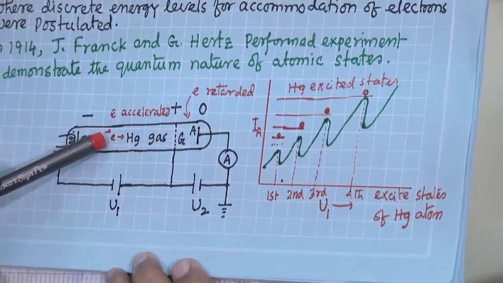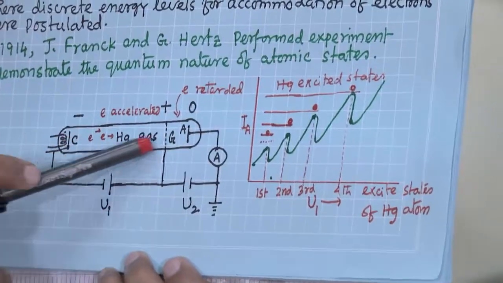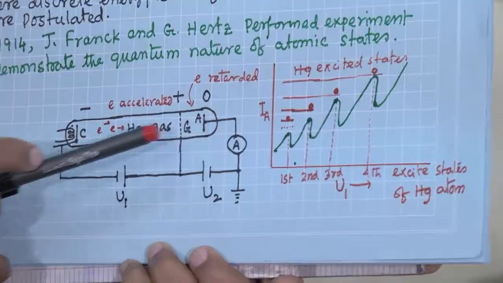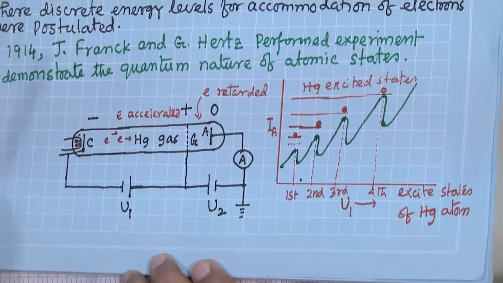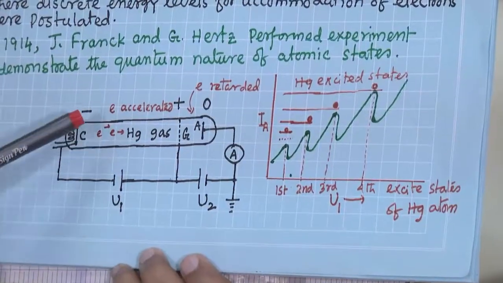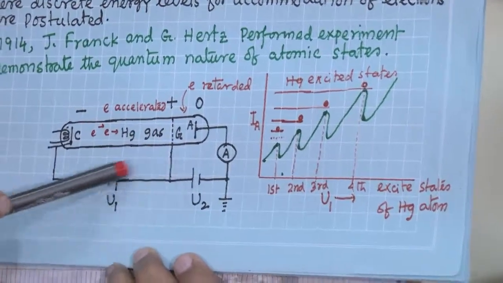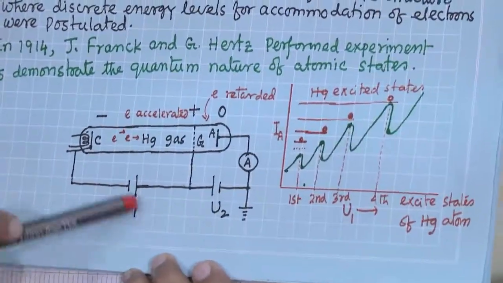So electrons will see the potential difference between the cathode and this grid, that is the positive potential. So the electron will be accelerated with energy eV, and in this case it is U1.